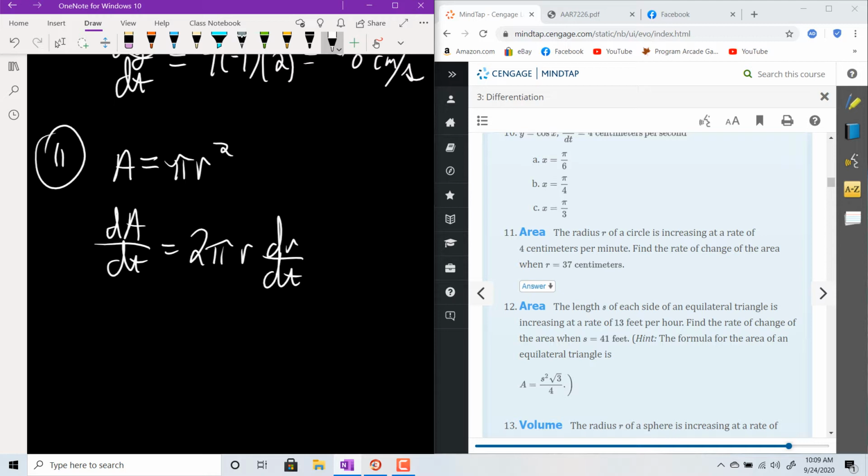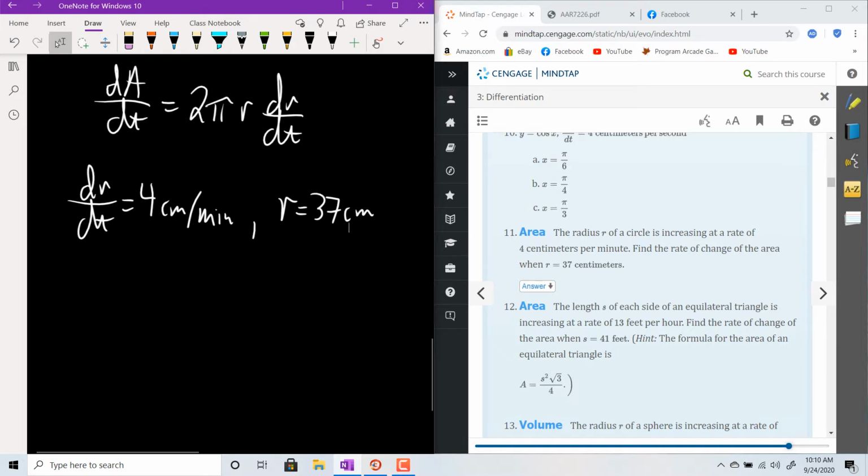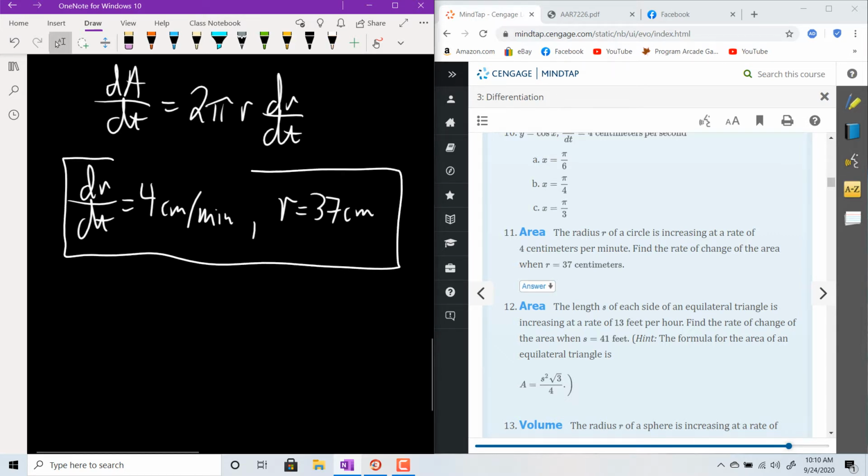The rate of change of the radius, which is dr with respect to dt, is 4 centimeters per minute. That's given in the question. They want you to find the rate of change of the area when r is equal to 37 centimeters. Okay, so it seems like all we have to do is plug this given information into our formula right here. Okay, so let's try it.